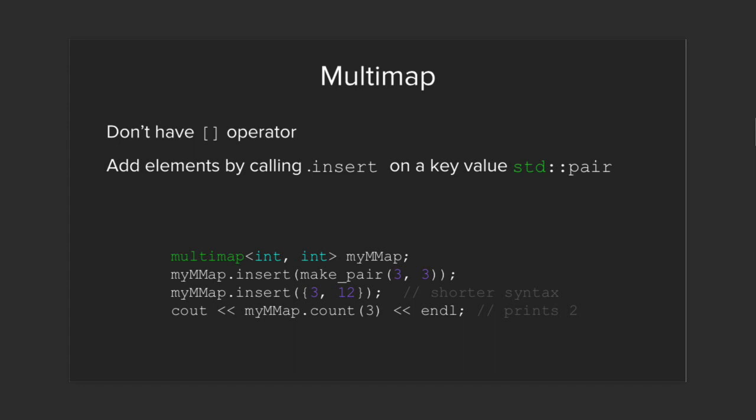Instead of map bracket equals value, we have a function called insert, which takes in a pair of the key and value that you want to insert into the map. All of this comes from the fact that we can now have duplicate keys, so we need some way of distinguishing between them. So that's a brief look at multimaps.